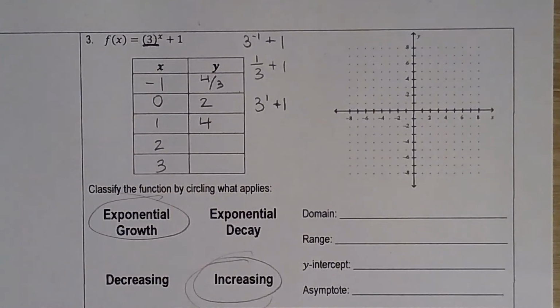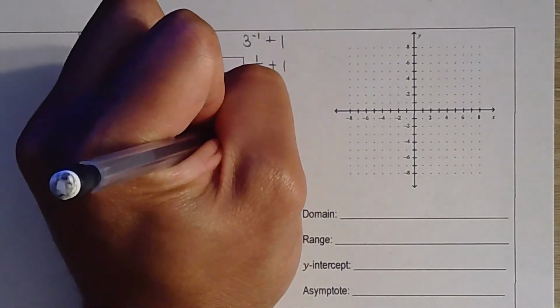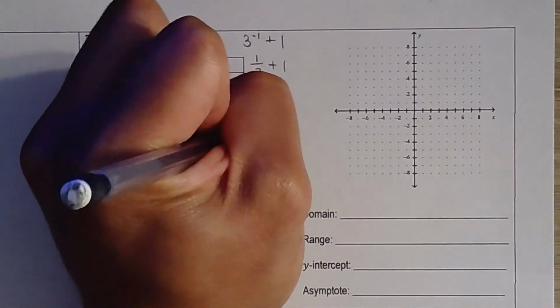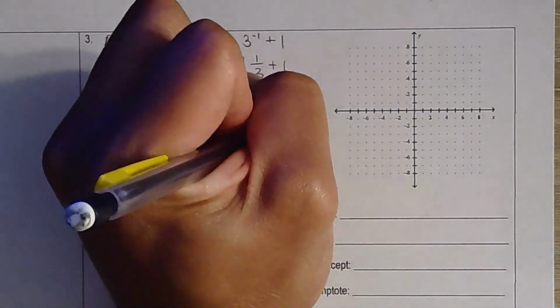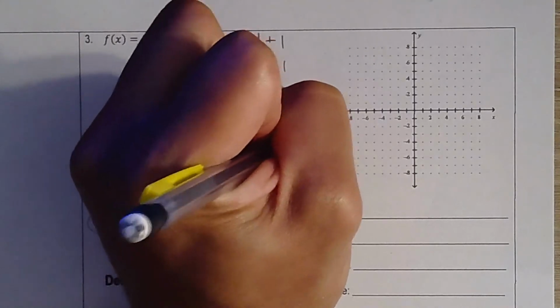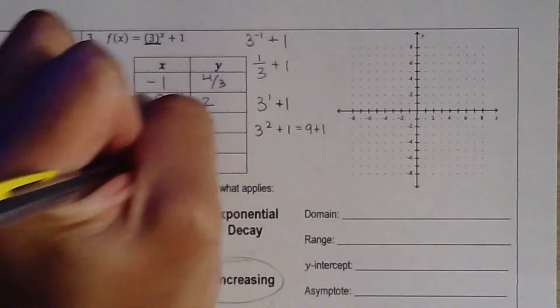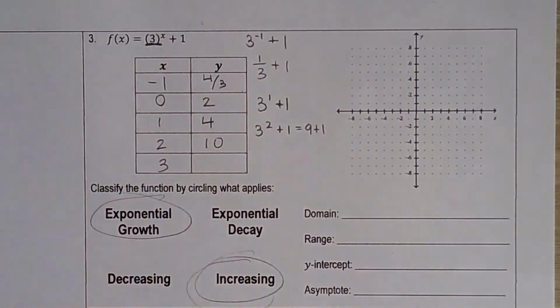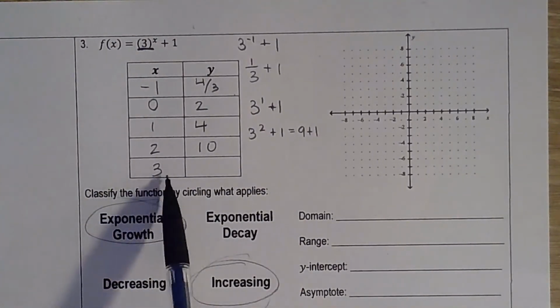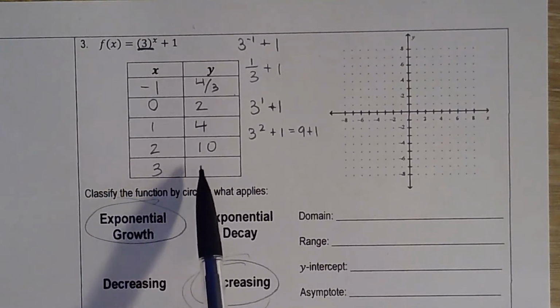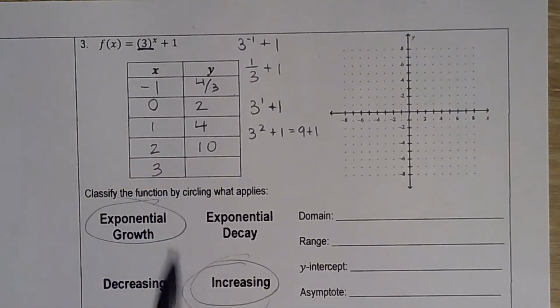All right, 3 to the second power plus 1. That's equal to 9 plus 1. So that gives us 10. That's already looking off our graph. So we can go ahead and stop there. This is going to be 3 to the third power, which is 27, plus 1, which is 28.